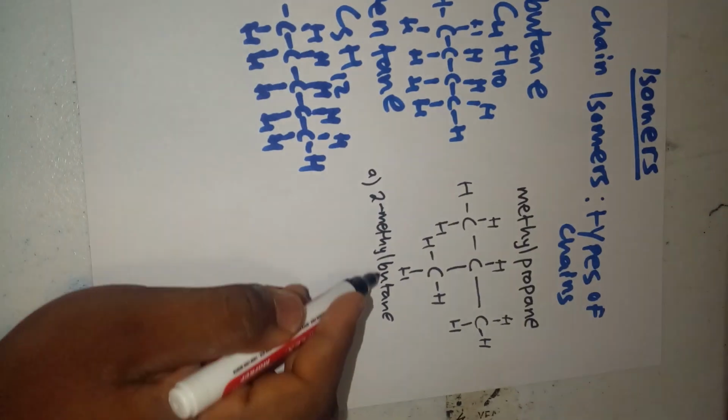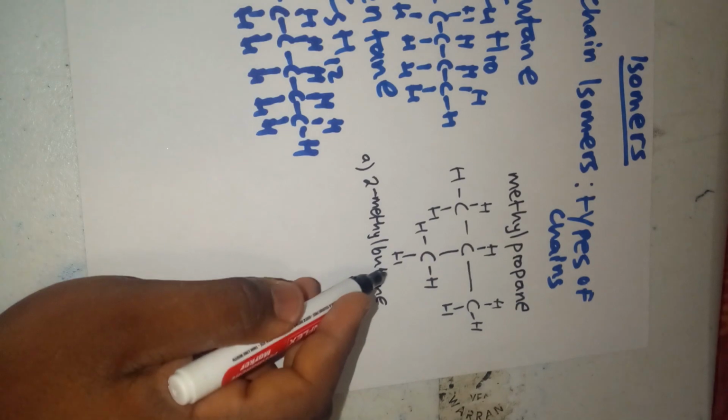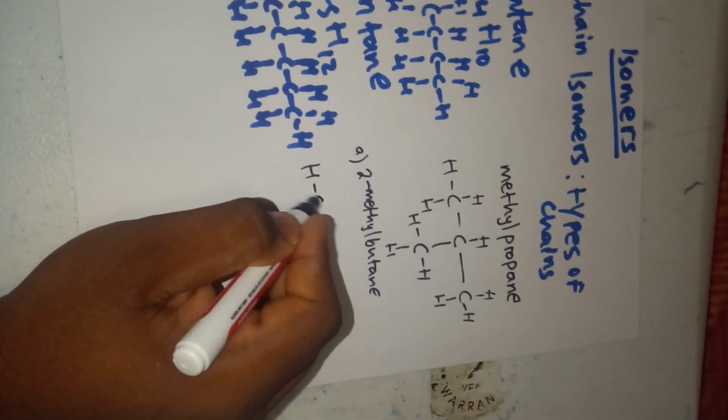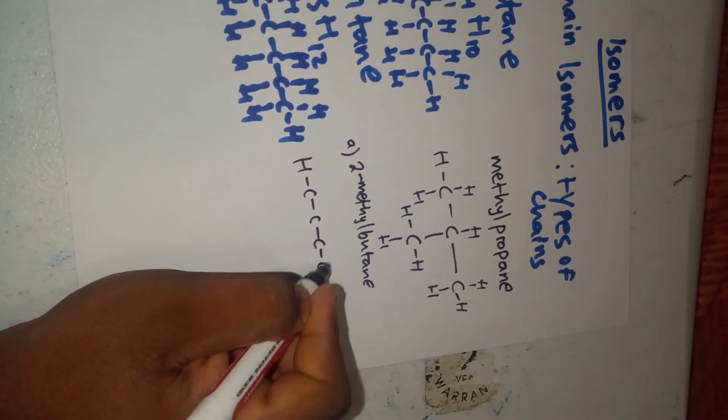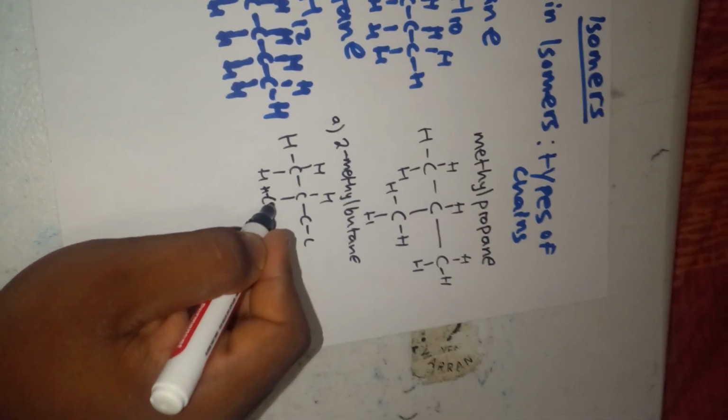So now meaning that we have how many carbon atoms? 4 plus 1, which is the one for methyl. So I have here 1, 2, 3, 4. Then here H, but on the second carbon atom, that's when I have the methyl. H.